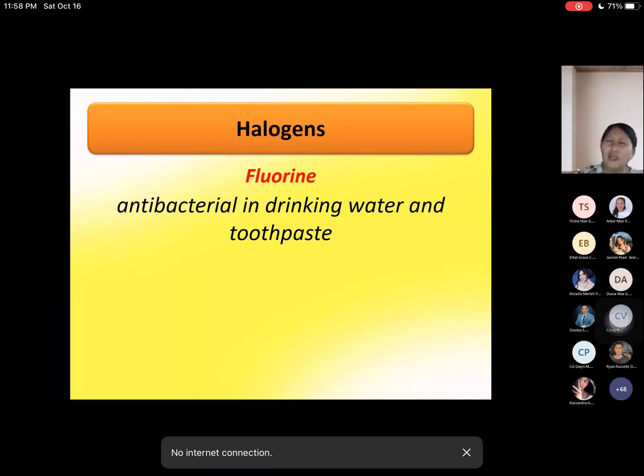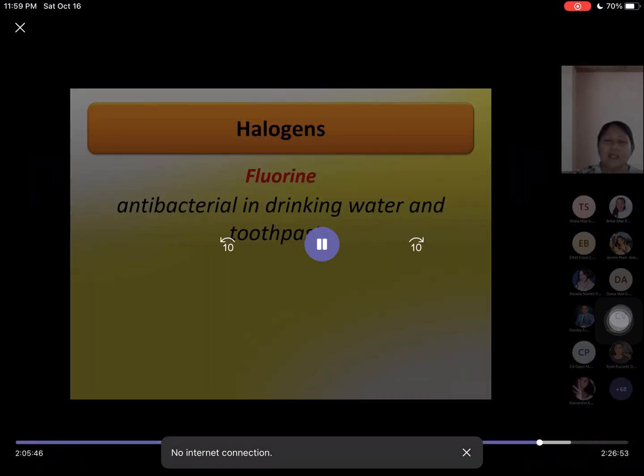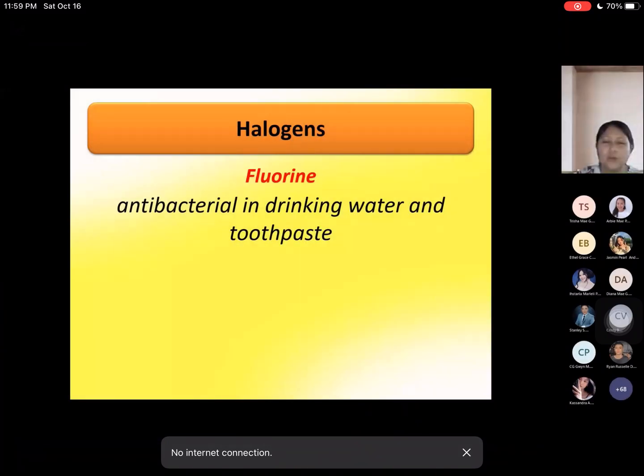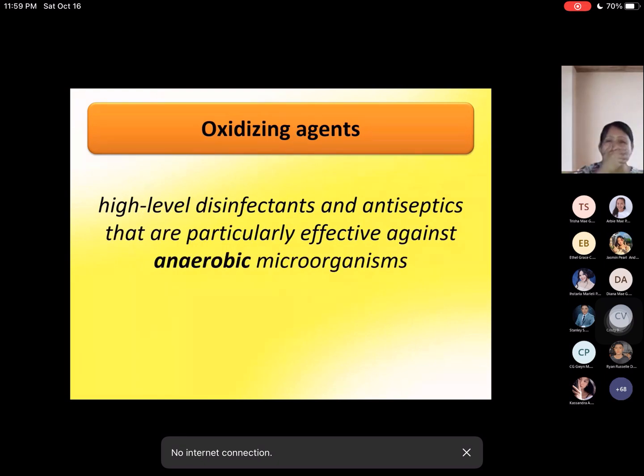And you know, it's very expensive. It's worth 2,000 when you have it on all your teeth. It's expensive. So, that is the fluorine. It has antibacterial property in drinking water and toothpaste.